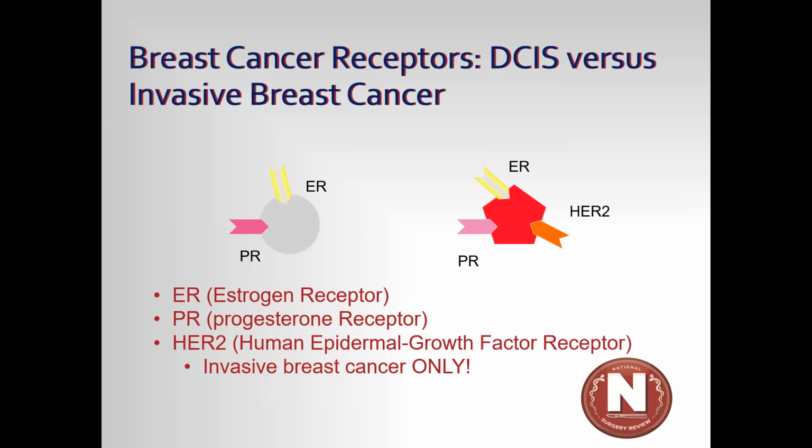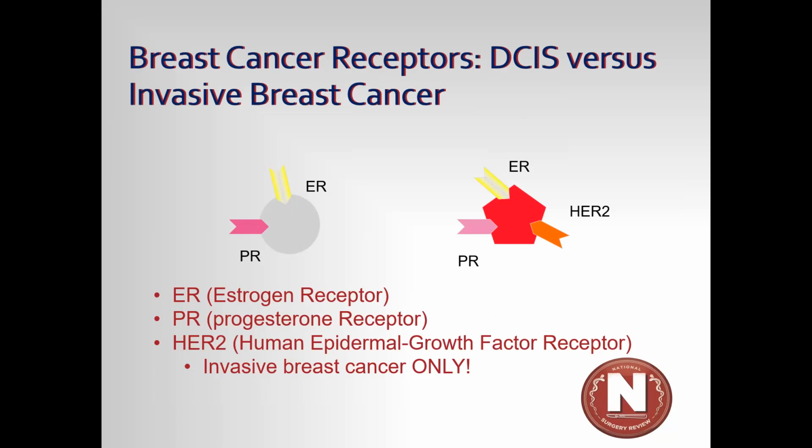How I think of it: on the left hand of the screen, the circle is a normal breast cell, and it normally has the estrogen and progesterone receptor on that cell. If we look at a cancer cell, we ask, does that cancer cell look like a breast cell, or has it started to mutate or change? The three receptors that we test for are the estrogen receptor, or ER, progesterone receptor, or PR, and the HER2 receptor.